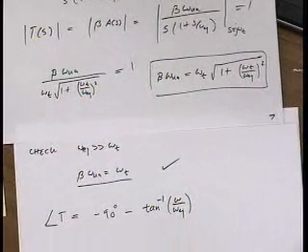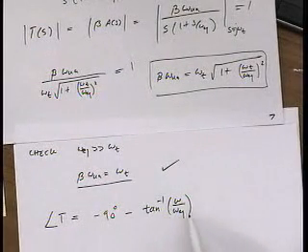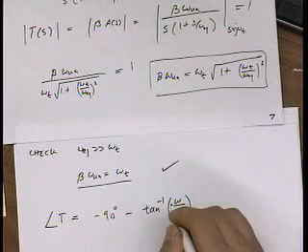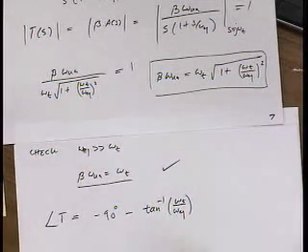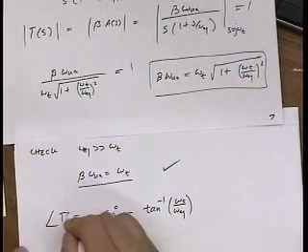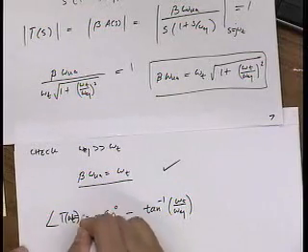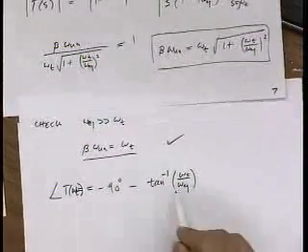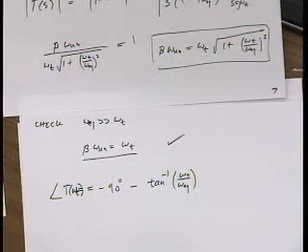So then how you choose this pole comes down to, let's evaluate this at the unity gain frequency. So how I choose this pole depends on how much phase I want it to contribute.